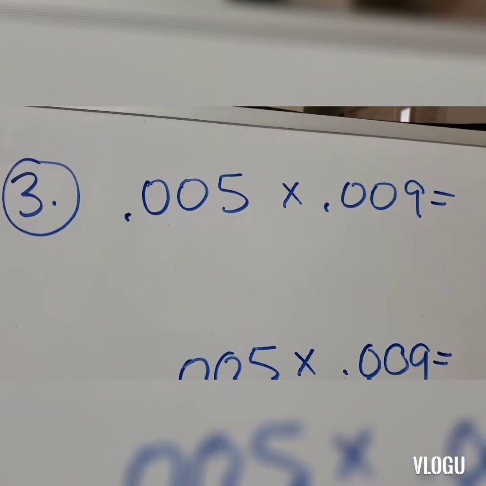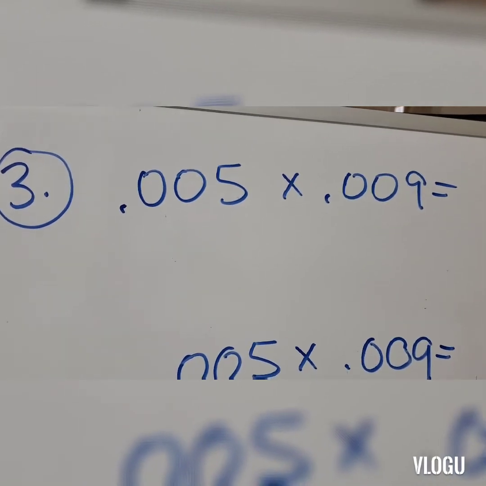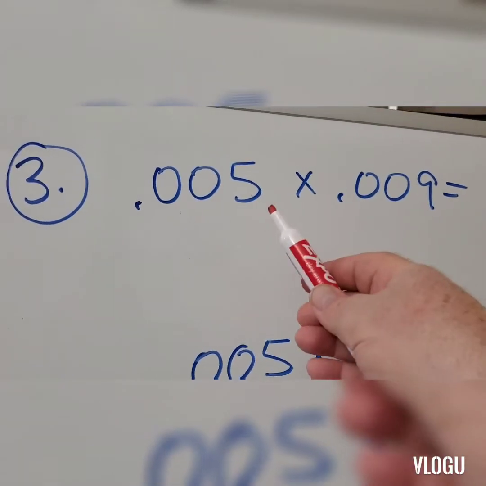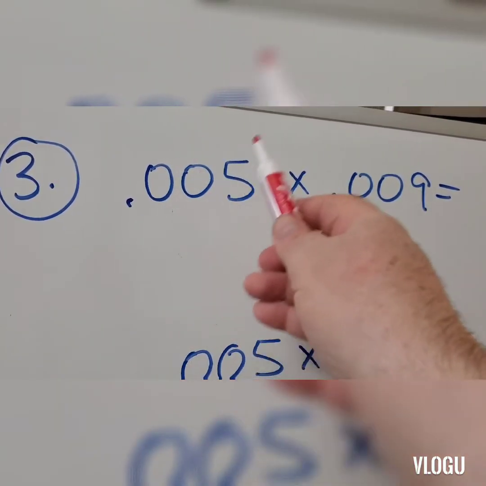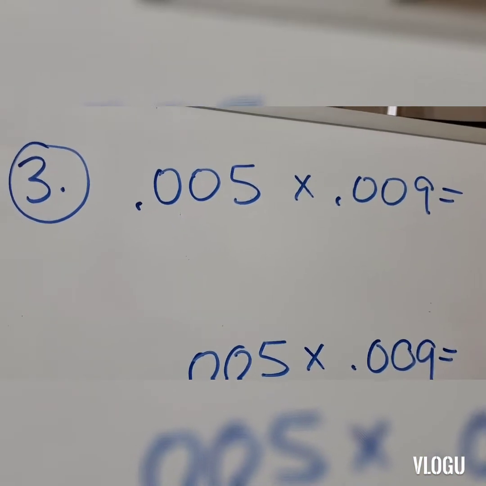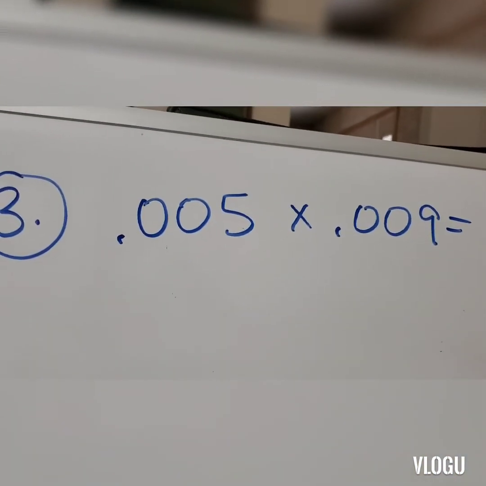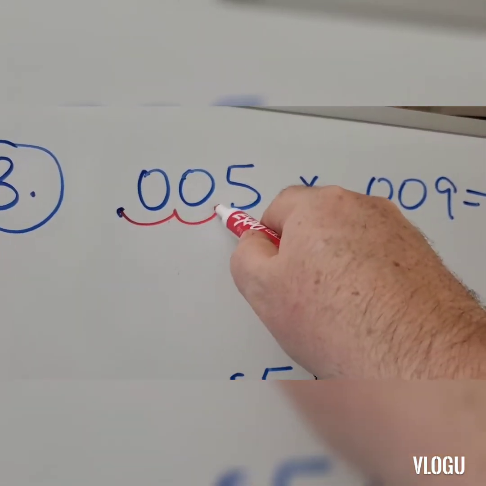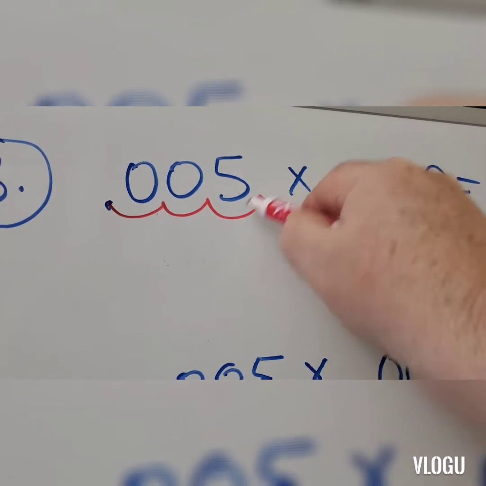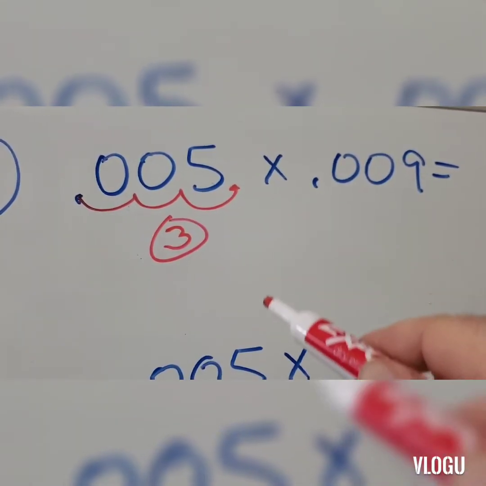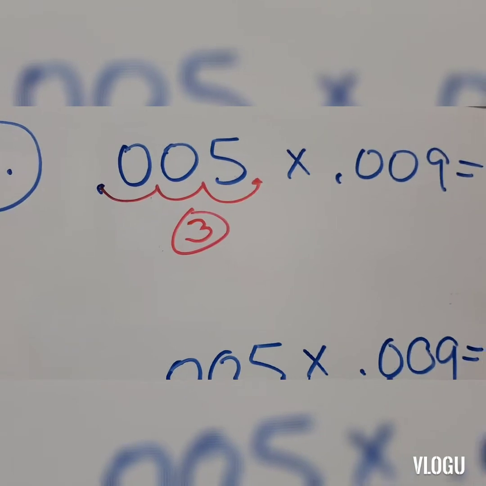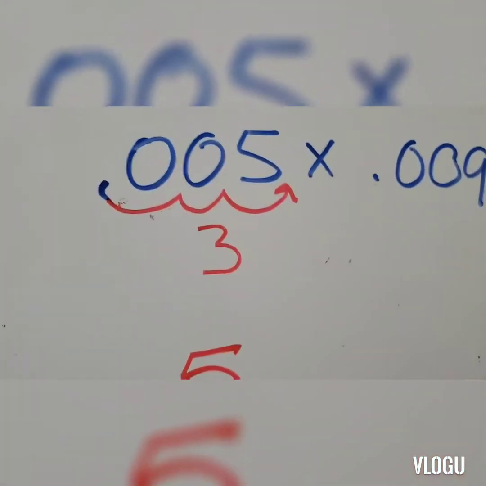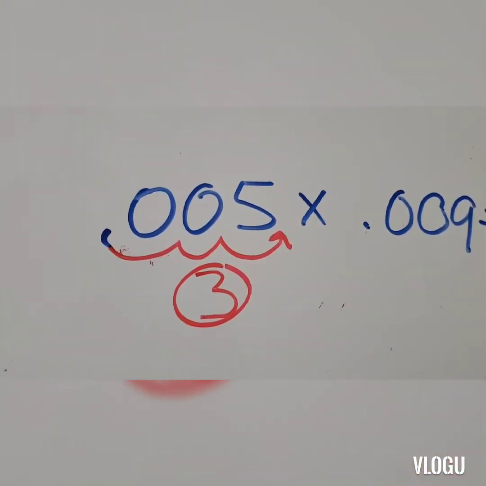Number 3 looks similar. It is the same multiplication problem, but we're changing the amount of sliding we need to do. I don't know my 5 thousandths facts as well as I know my fives. So let's change this. We're going to be moving this 1, 2, 3 spaces to make this a 5. 3 spaces.